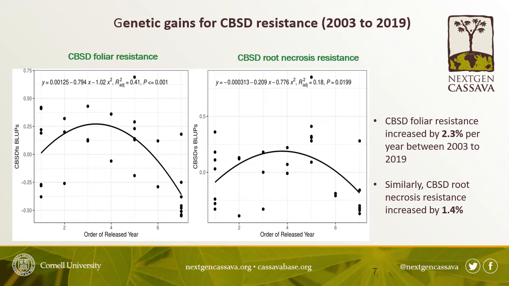For root necrosis, you see that there was a 1.4% increase in resistance. So, meaning that we have made some gains for brown streak resistance at both foliar and root necrosis, but more gains have been made at foliar.